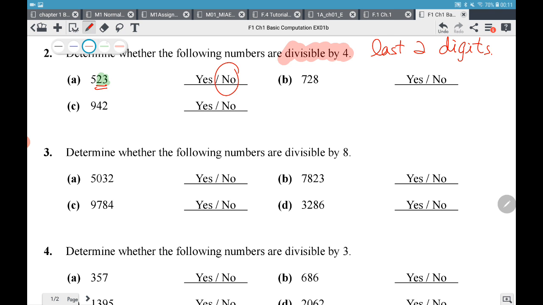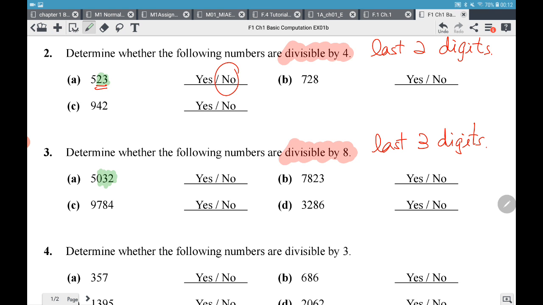Maybe we go to the next question. Question 3. We check the divisibility by 8. To check whether a number is divisible by 8, we have to check the last 3 digits. So maybe we can take a look at part A again. For the last 3 digits, it is 032.